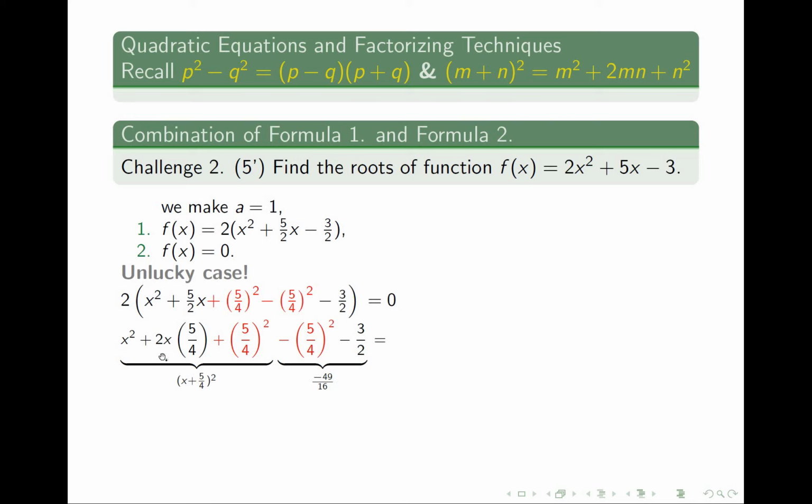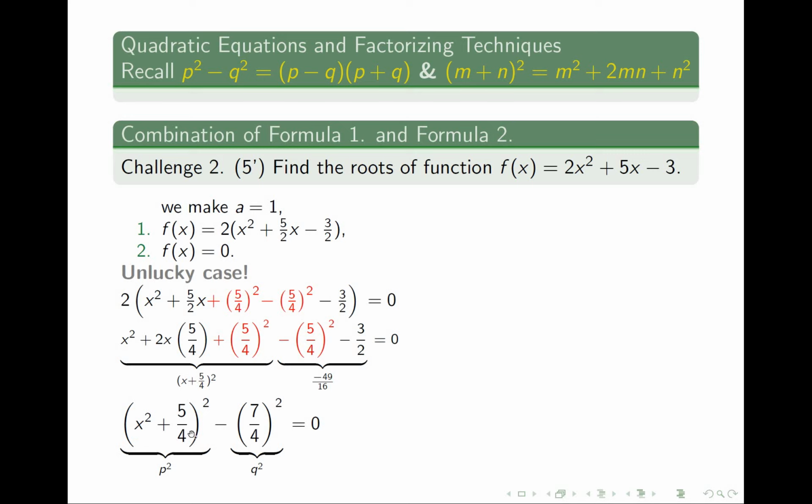So we want this to be equal to 0. Then we write this expression as it is, and then we write this one, so minus, and the square root of 49 is 7, the square root of 16 is 4, so we have (7 divided by 4) squared, and now we have an equivalent form to this one.